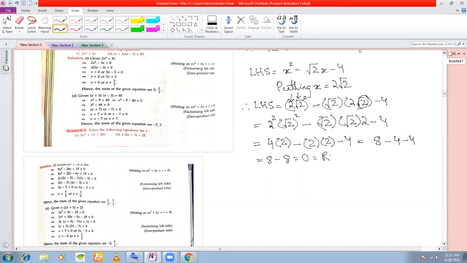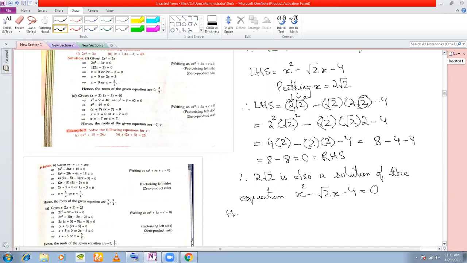So what you see is that it is equal to the right hand side of the equation. So hence, therefore, we say that 2 root 2 is also a solution of the equation x square minus root 2x minus 4 equal to 0.